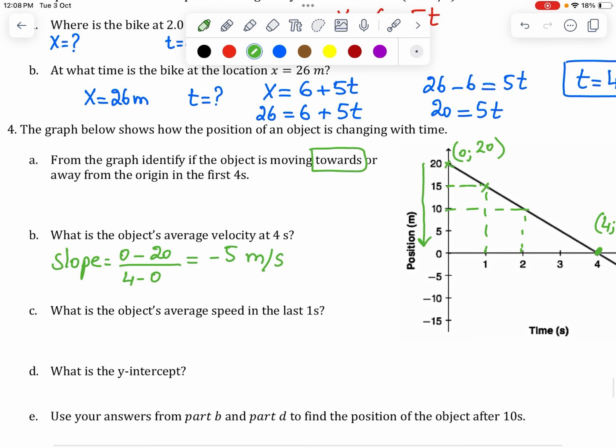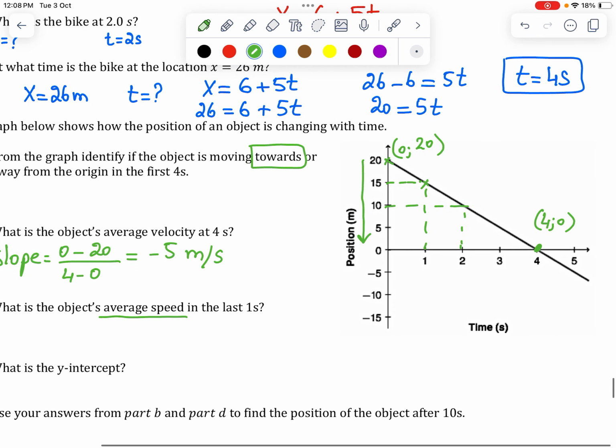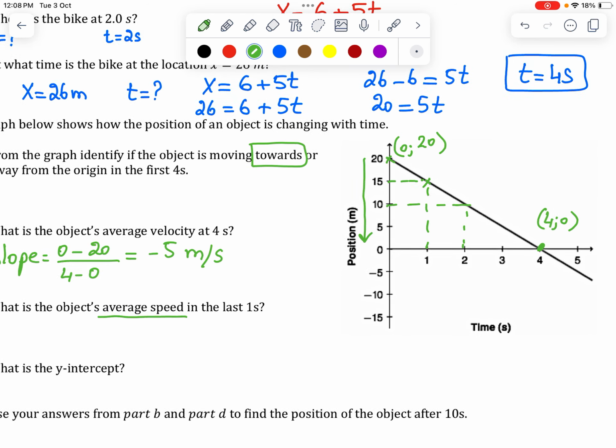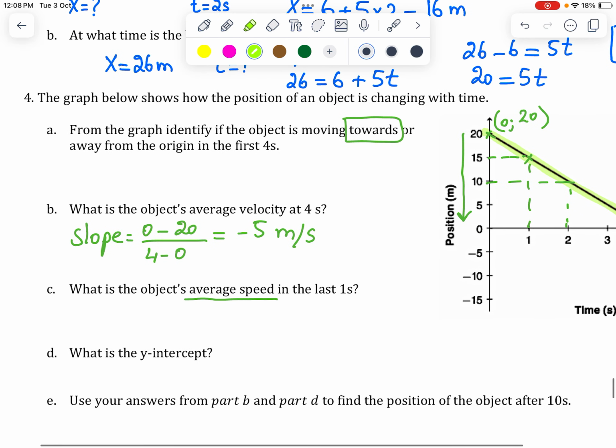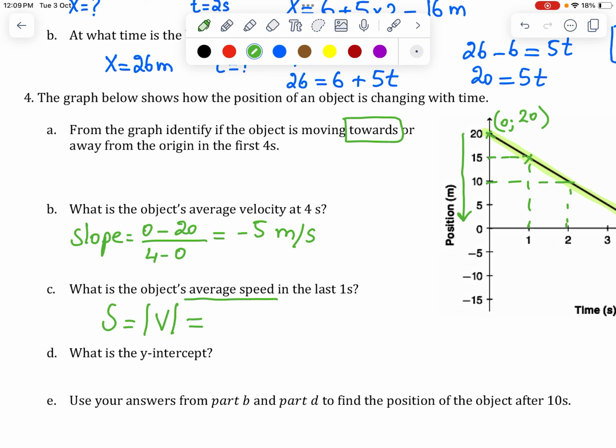What is the object's average speed in the last 1 second? This graph shows the same slope everywhere. So there's nothing different between the velocity at any point. However, the speed is given to be the absolute value of the velocity, which is the absolute value of negative 5.